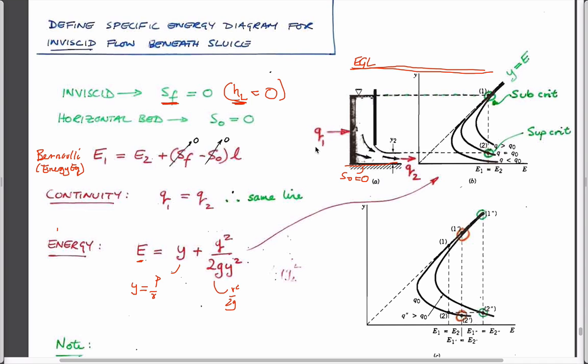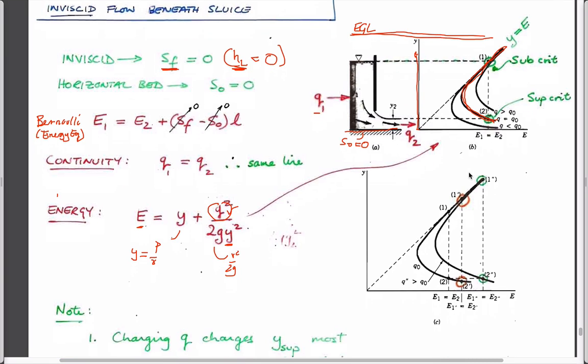Then we can choose this value of flow rate, plug it in here, and cycle through values of y which start off at 0 and which go up to whatever number we want. And if you plot all those points, then you'll end up with this one curve here, this middle curve. So if you do that, you'll end up with one curve for a given value of q. And so you end up with this energy depth relationship.